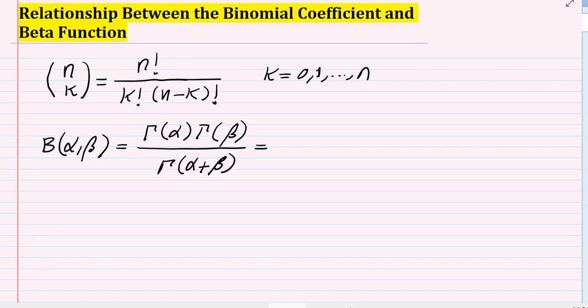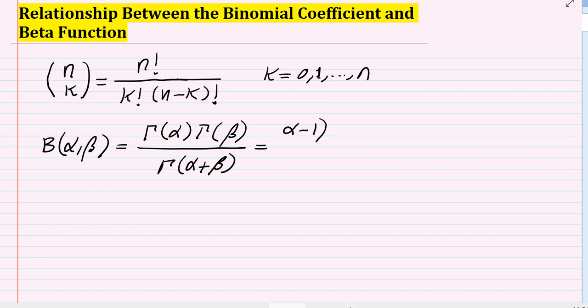And the reason is because here k and n are integers, right? So for that reason, we can use the properties of the gamma function. One property of the gamma function is that if the arguments of the gamma function, namely alpha, beta here, are positive integers, then we can write them in terms of factorials.